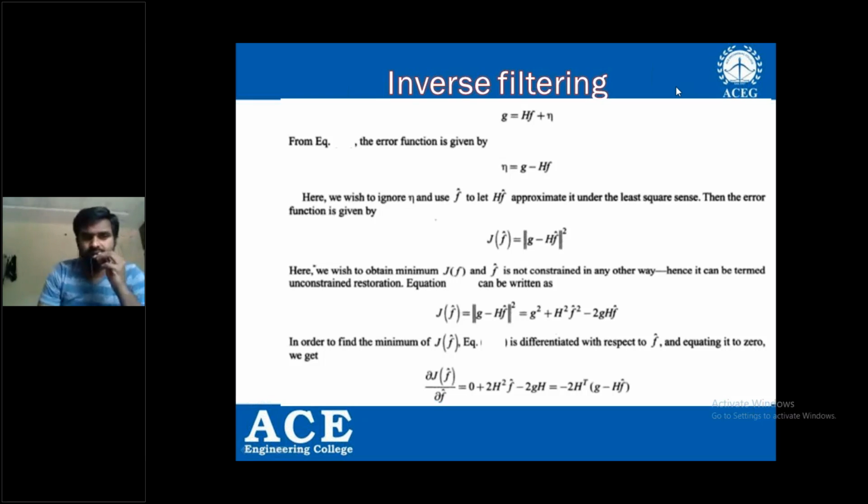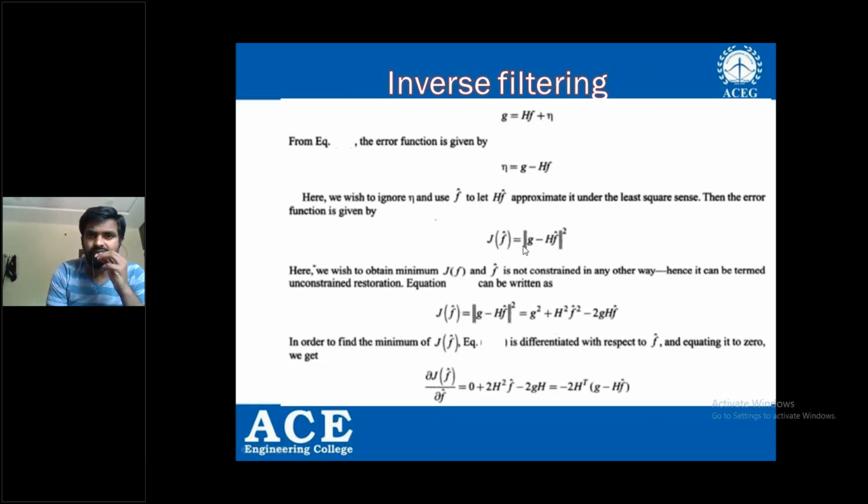Here it is unconstrained restoration, and this particular equation can be represented by taking the square and expanding it. So what is the target here? To minimize this, such that F cap will be the perfect estimate. That is the target here.